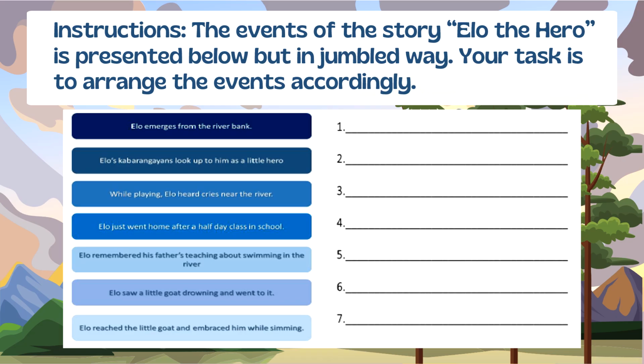Sequencing events. So what happened first? First, Elo just went home after a half-day class in school. Then, while playing, Elo heard cries near the river. That's 2. Then, Elo saw a little goat drowning and went to it.